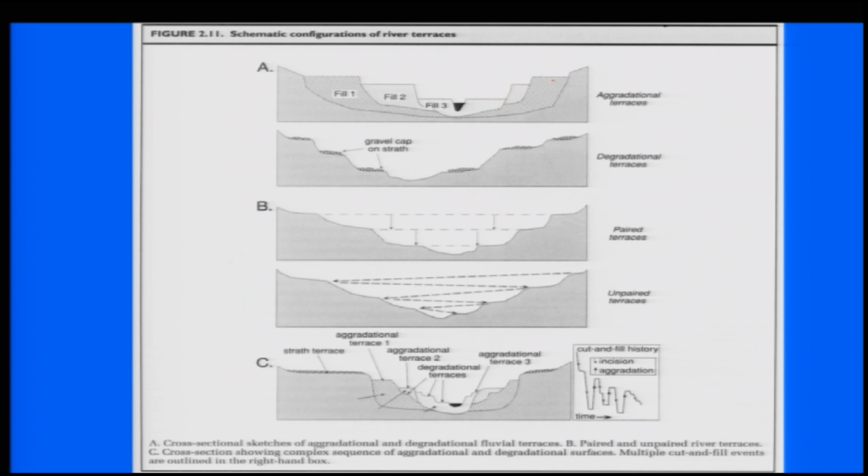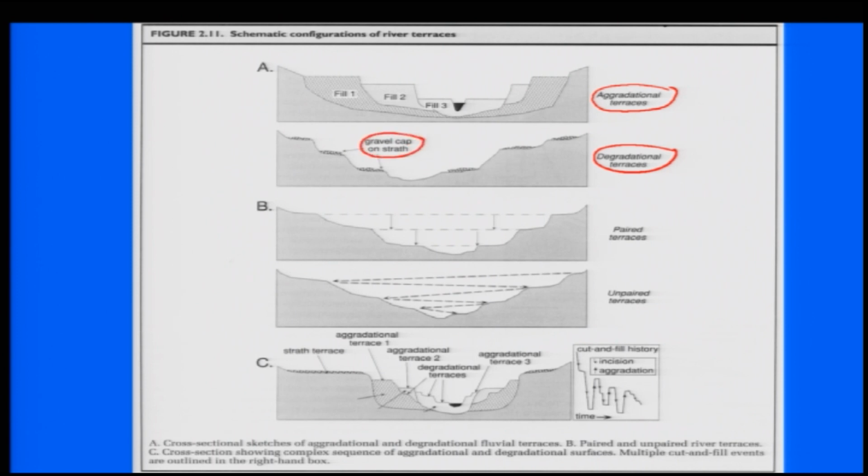So all these terraces which have been formed in its own alluvium, because of the incision in its own alluvium, have been termed as aggradational terraces, okay. But when we see that the terraces have been formed cutting the deposits as well as the bedrock, then we term these as degradational terraces, and they are also termed as strath terraces, okay.